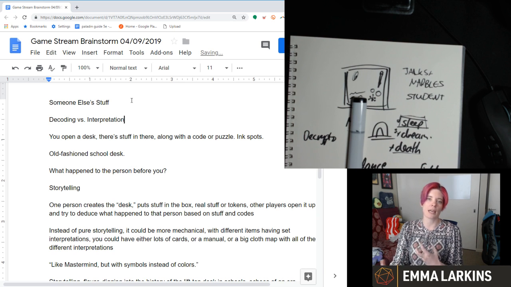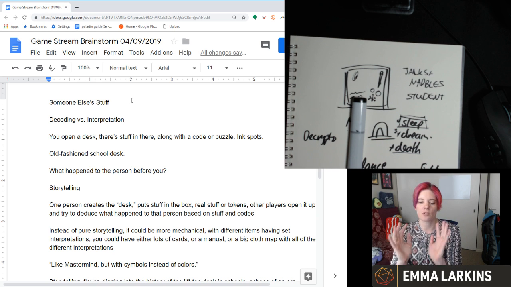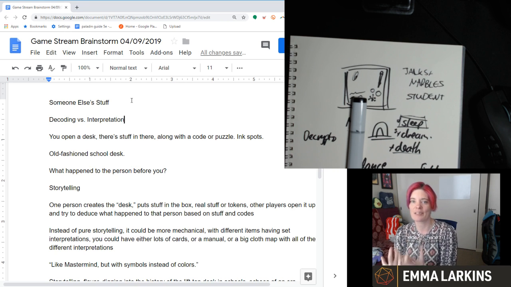interpretation. So there's one idea of a game where there are specific answers. As the clue giver, you're trying to get the people to come up with the exact answers, and there's more of a narrative storytelling thing where you're giving them the items and trying to have them come up with something adjacent, or like more of a telephone game, right? Where it's funnier if they come up with things that aren't exactly what you're trying to say.